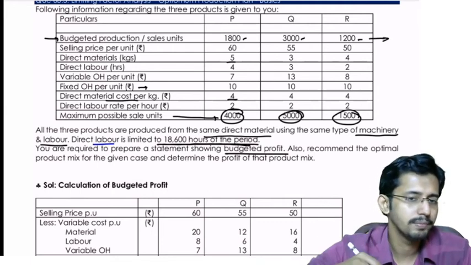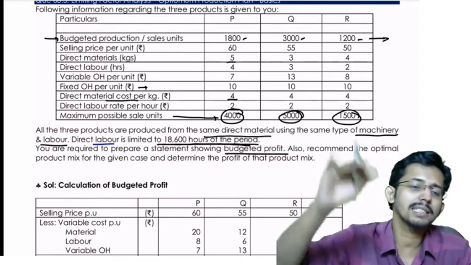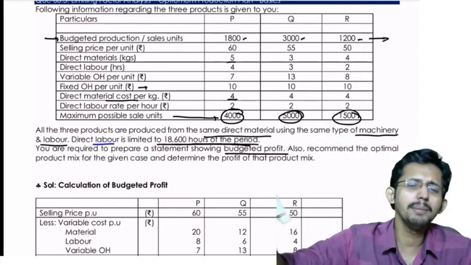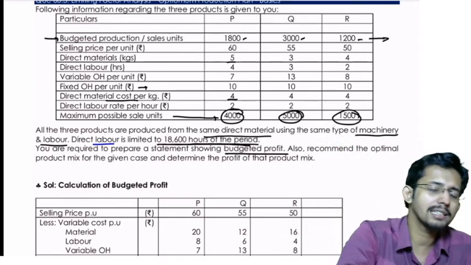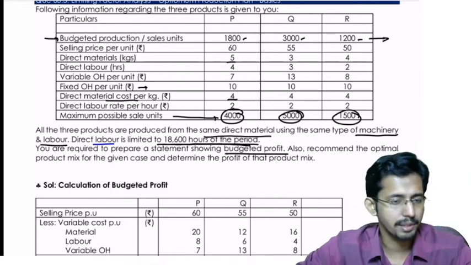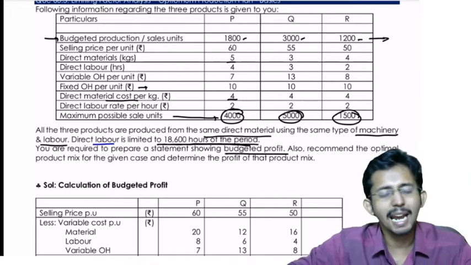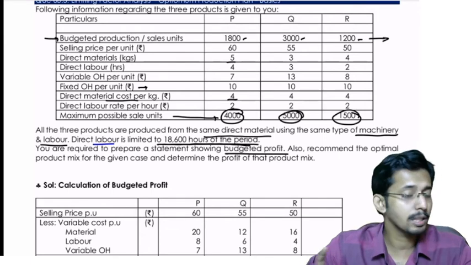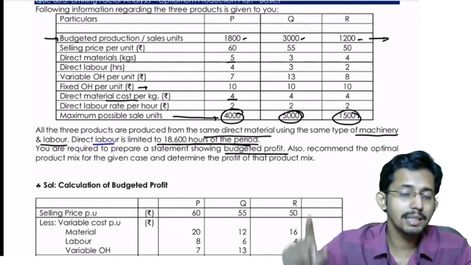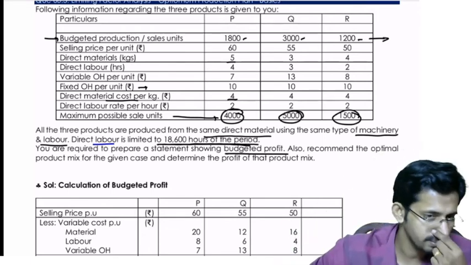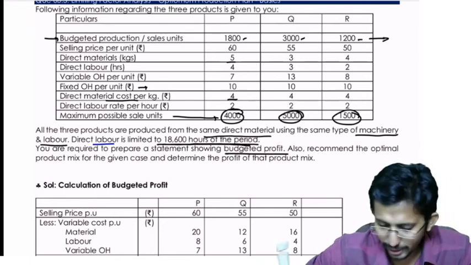Limiting factor. Okay, so there is no production capacity given, but there is a limiting factor. Limiting factor is different, production capacity is different. Okay, limiting factor could be any factor of production, whereas production capacity is based on the installed capacity of the machines. Is it clear? Okay, right.